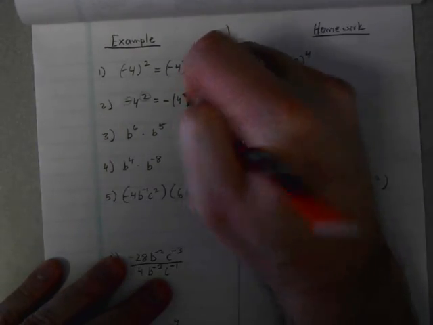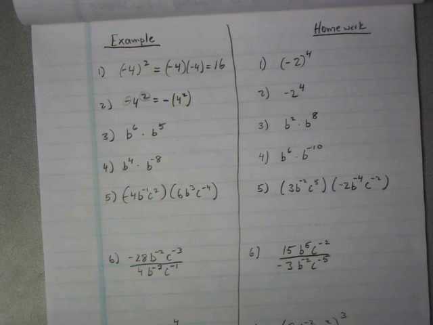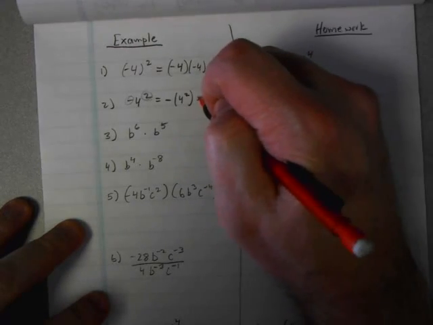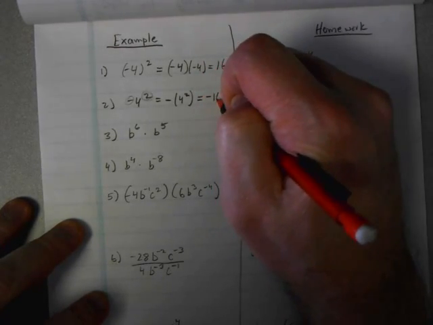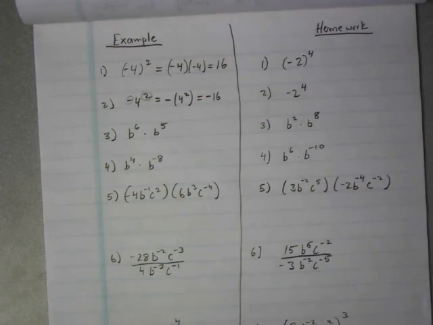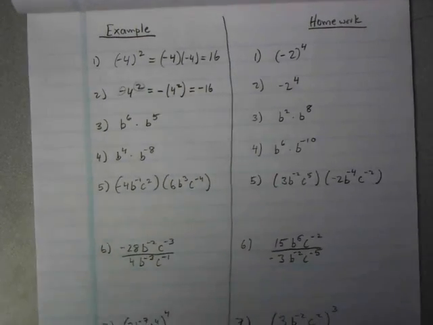What it's telling you to do, you do powers first, and the power only goes on the number 4. The power is not on the negative sign. So 4 squared is 16, and then you do the minus sign. That one really should be minus 16. Okay? A lot of people will tell me that one is 16. Minus 16 always.